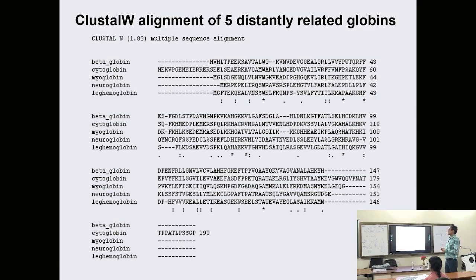Okay, so here is an example of 5 distantly related globins. You can see terminal gaps and internal gaps. There are few positions which are fully conserved and they are indicated by stars, very few. And there are some positions which are conserved, they are shown by dots or columns.